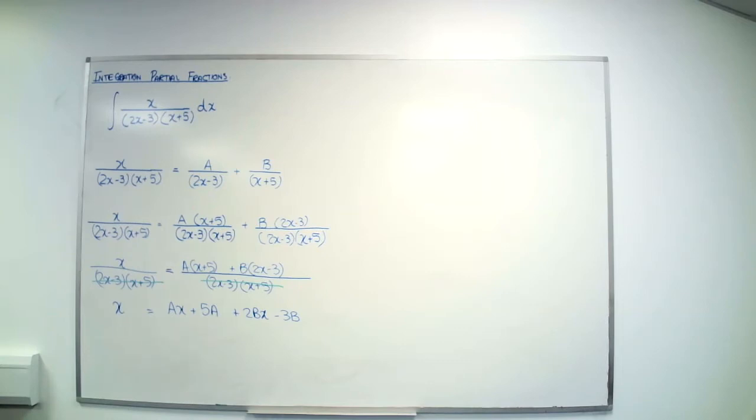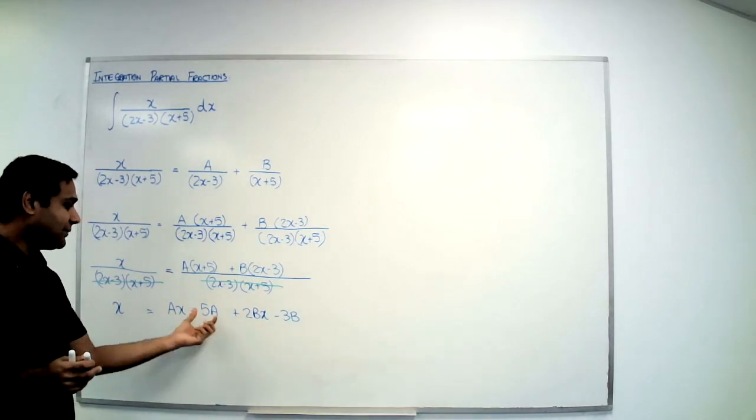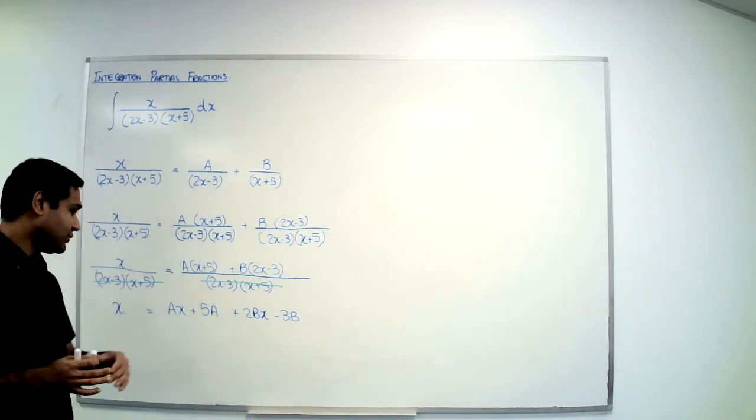Look at that. Now, you need to find out what's the a and the b. To do that, we need to group things together. If something has an x, we put them together. Something doesn't have an x, we put them together.